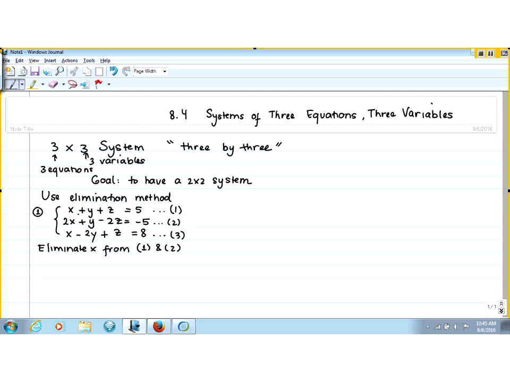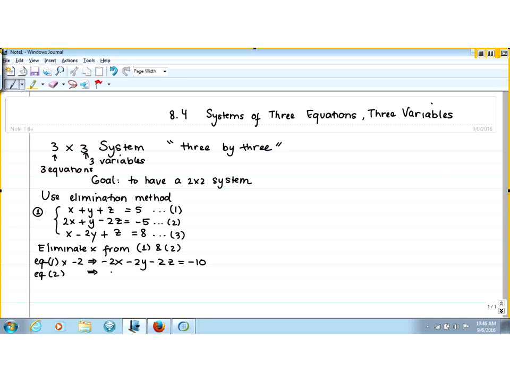Now, if I eliminate X from 1 and 2, what do I do to my equation 1? Multiply by -2, right? So I'm going to multiply each one of them by -2. So -2x minus 2y minus 2z is -10. How about equation 2?